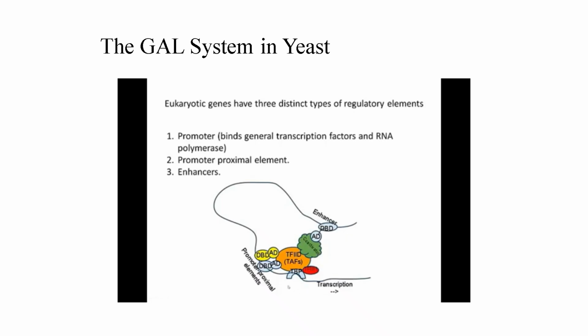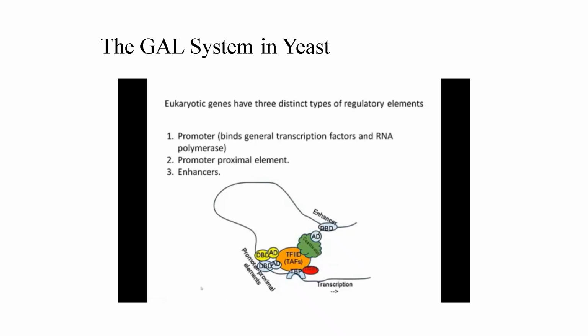Now there's something else called promoter proximal elements, and these are sequences that are fairly near to the promoter, and there are factors, proteins that bind to these sites and can assist in gene regulation. And then there are also enhancers, and enhancers are found at some distance from the start of transcription.